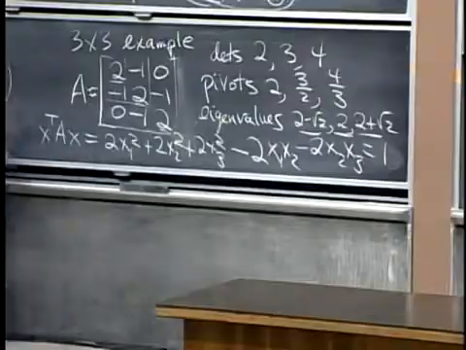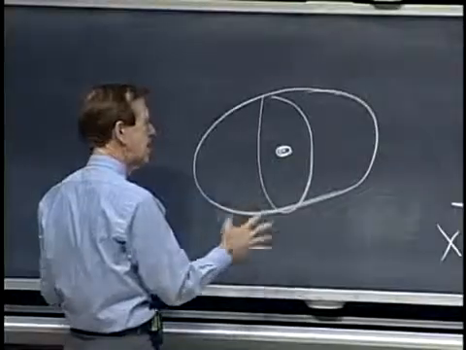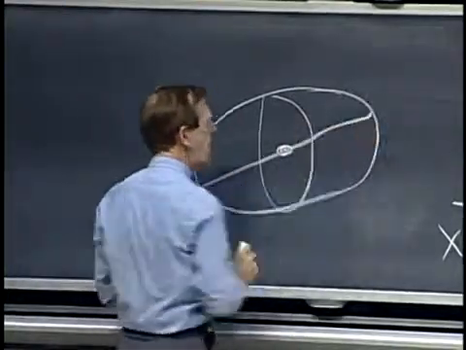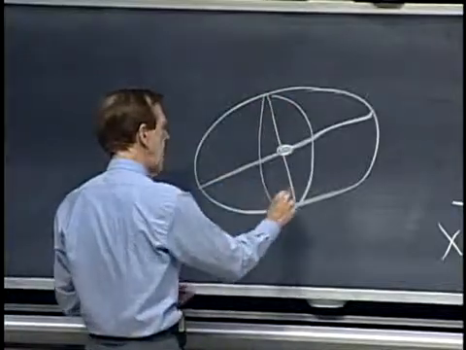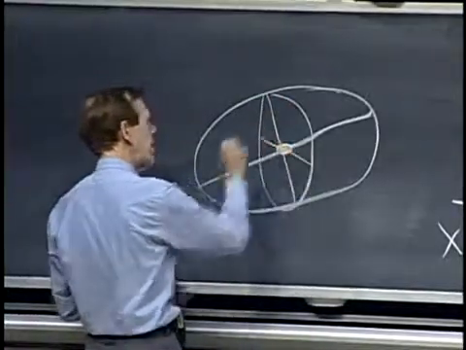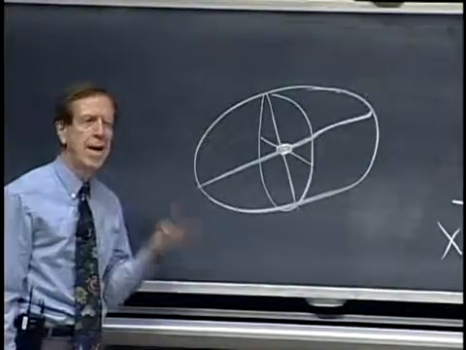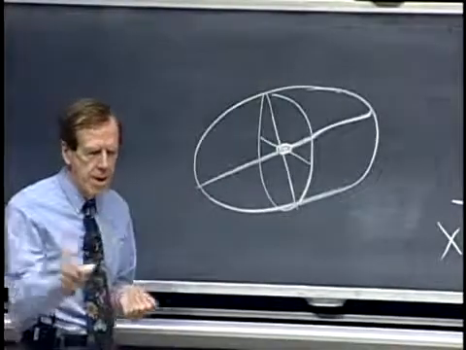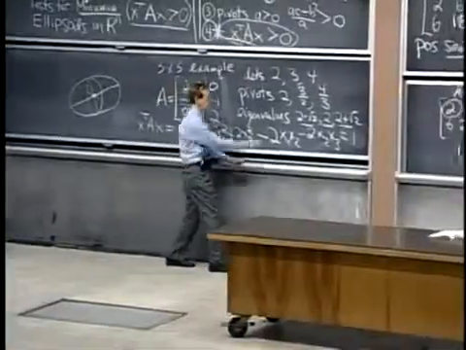So how do I say it? If I look at this ellipsoid correctly, it'll have a major axis, a middle axis, and a minor axis. And those 3 axes will be in the direction of the eigenvectors. And the lengths of those axes will be determined by the eigenvalues.